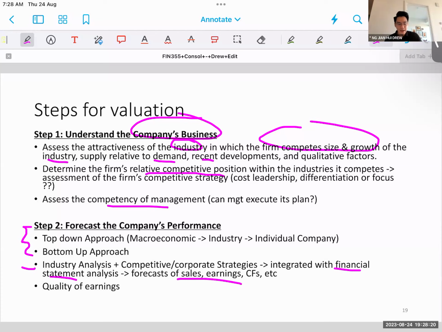And then we see, is the earnings quality good? We'll cover in a bit whether there are any black swan events, any things that will distort the financial statements. That's where we assess the earnings quality. All right. So today we'll be covering step one and step two.